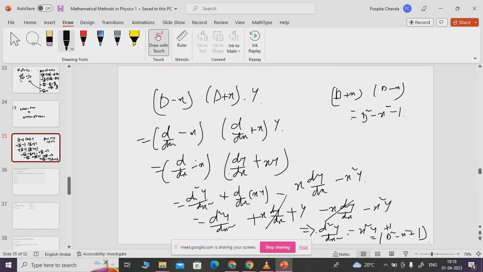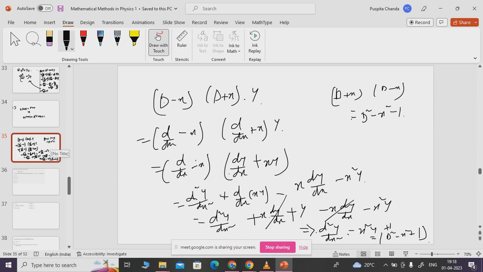Because this operator is not a linear operator, this operator doesn't follow the algebraic rule a plus b into a minus b, and they don't commute. A b doesn't necessarily equal to b a.